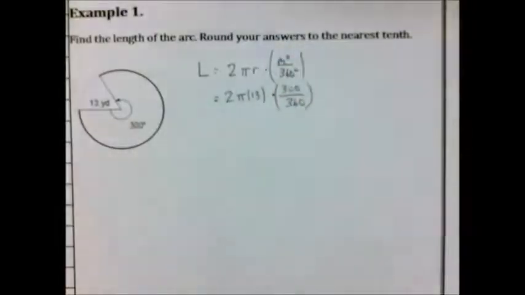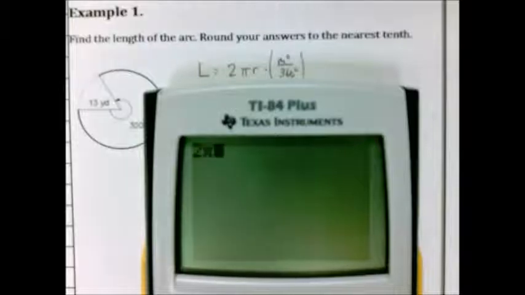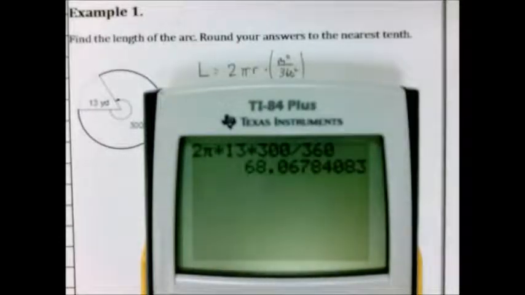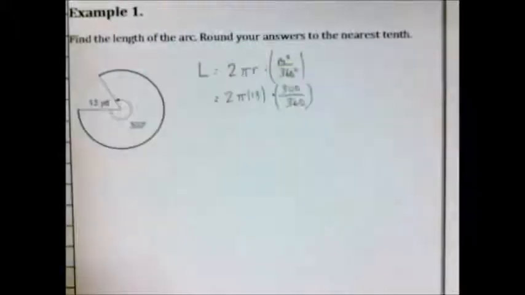We could reduce 300 over 360 if we wanted to, but really at this point, all we need to do is put this into the calculator. We've got 2 pi times our radius, which is 13, times 300 divided by 360. Press enter. We end up seeing that the length of the arc is 68.1.